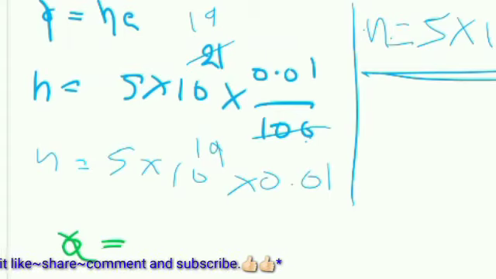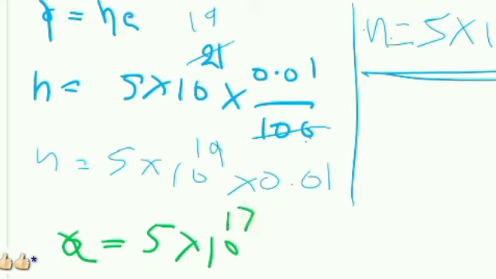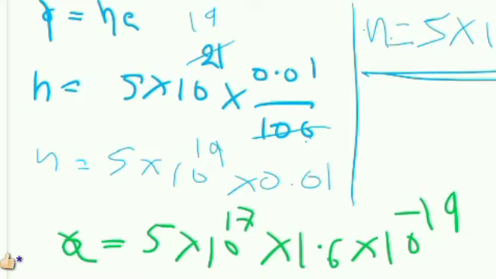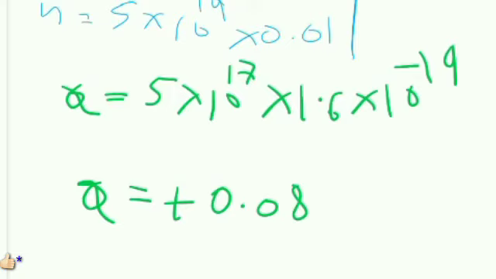We calculate the charge in coulombs: 5 into 10 to the power of 17 into 1.6 into 10 to the power of minus 19. Simplifying, we get the charge as plus 0.08 coulombs.